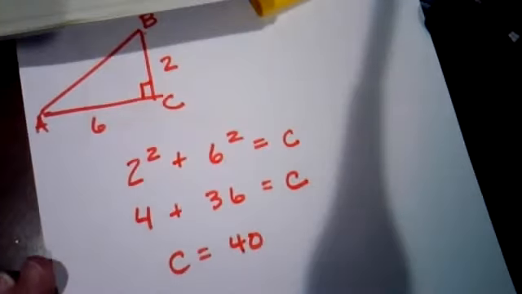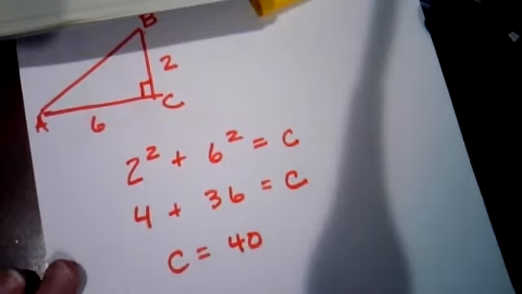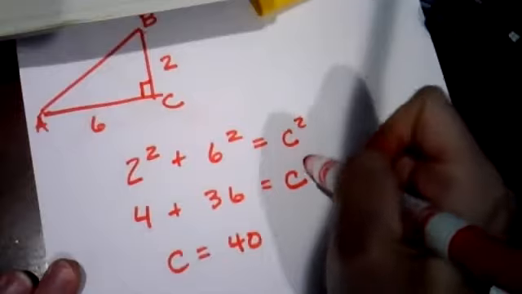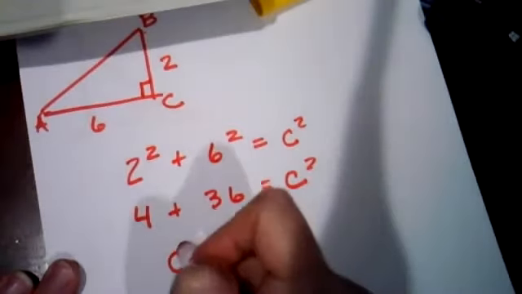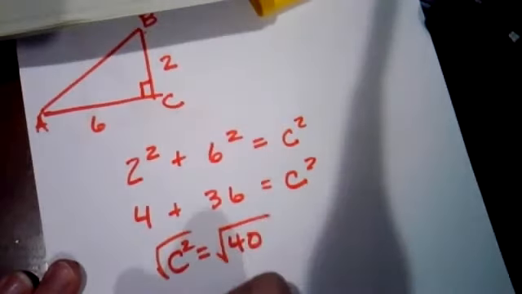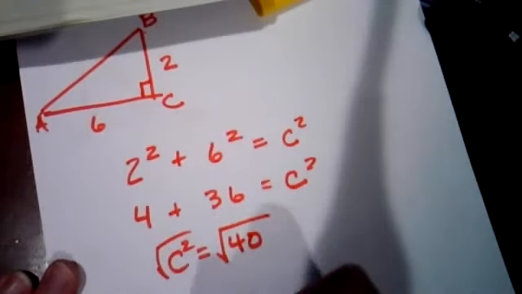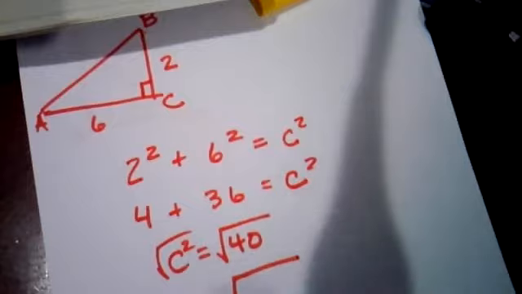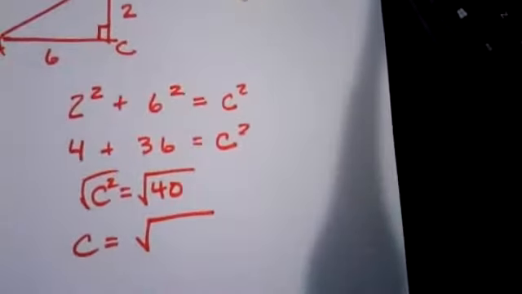Sorry, I missed something. Just a moment. Okay, those should be 2's. So this should be c squared, and then we square root it. C is equal to, now you're going to have to break this down. This is the problem with this.